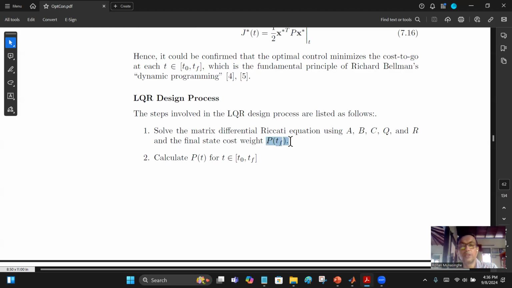You have to calculate P(t) by solving the matrix Riccati differential equation, and for that you need to use MATLAB and math software, like Mathematica, MATLAB. Then you can calculate P(t) for the entire duration, starting from the end point. All of the P's can be calculated.